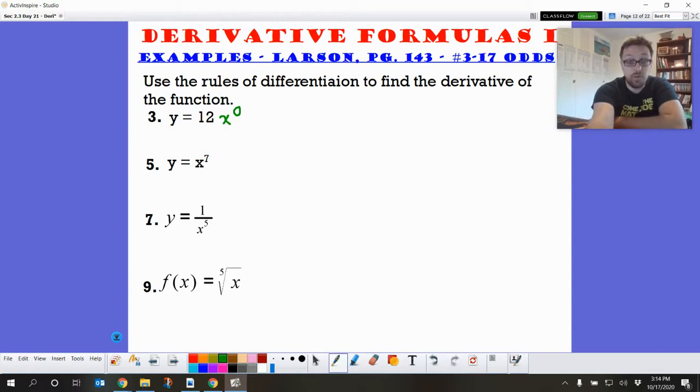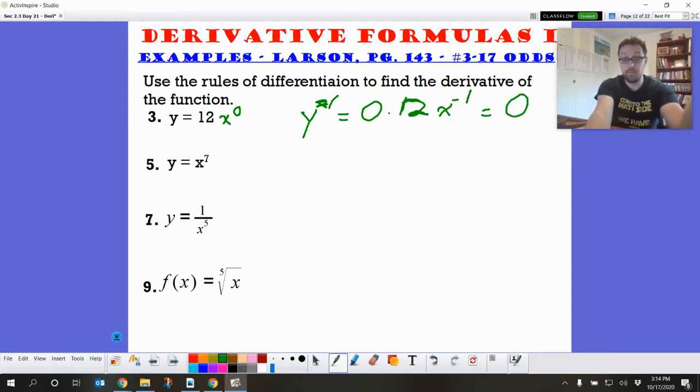So when you do y prime, you get 0 times 12 x to the negative 1, but all that stuff multiplied together is just 0. So the y prime is just 0. Cool, which is good because our constant lines should always have a constant slope of 0.